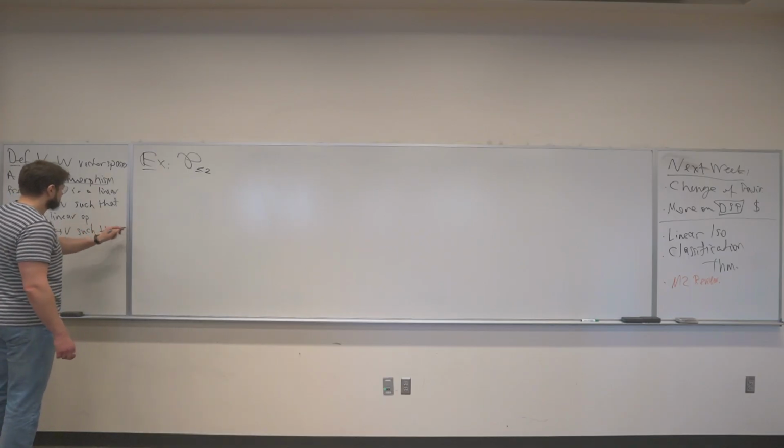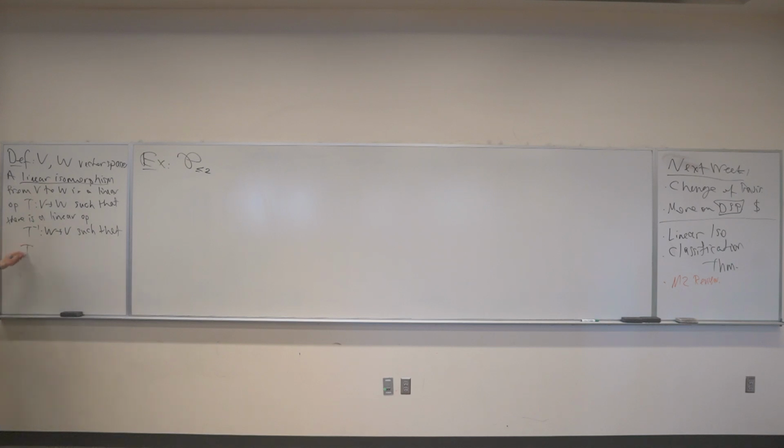Such that, if you take the composite of these, take a vector w in W, first apply T to the minus 1, now you have a vector in V, so this you apply T, you want to get back your original input, and you want to do it the other way around, like this.